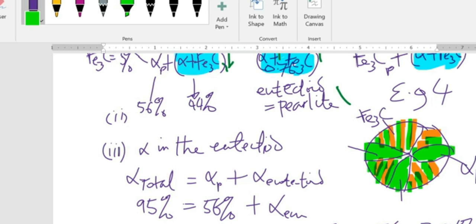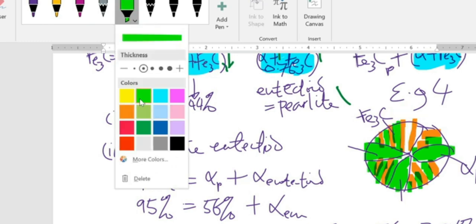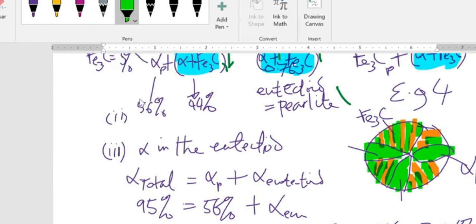And as this cementite is there, it's an alternate layer of cementite and what? Ferrite. We call it eutectoid. So the ferrite, if you look at it very well from this part, there are two types of ferrite, isn't it? The big ferrite, which is called proeutectoid ferrite, and then the ferrite in the perlite. This part is called what? Perlite.